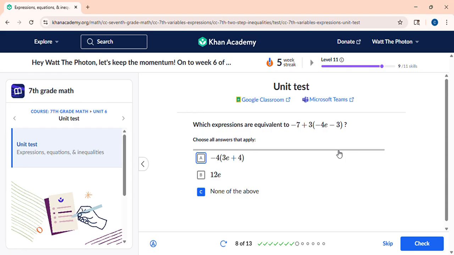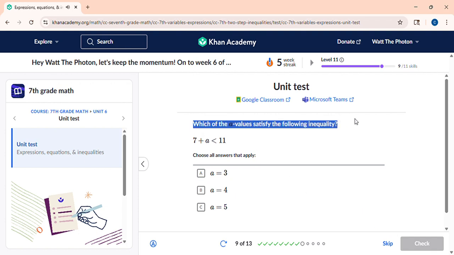So -4, 3e plus 4. I'd say which is fine. Of alpha's values satisfies the inequality. 3.